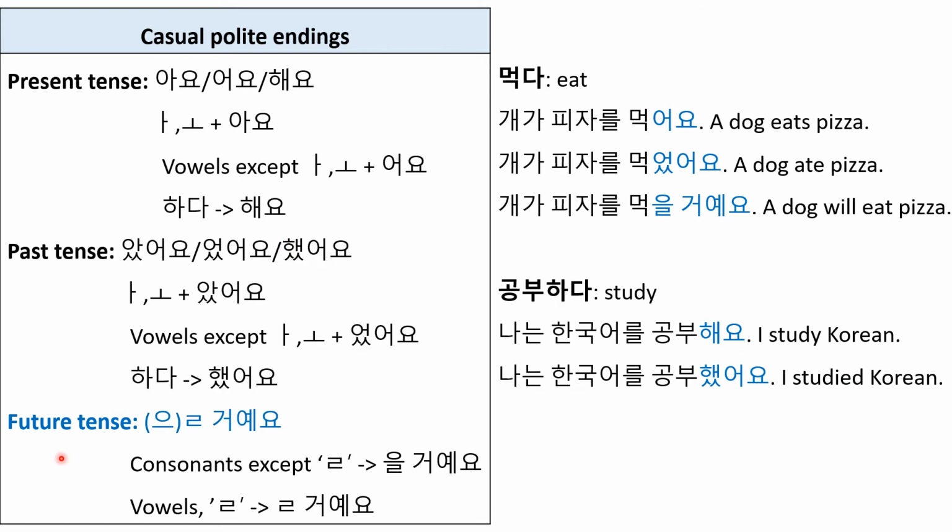What would be the casual polite future tense ending for the 공부하다? If the stem of a verb ends with a consonant other than 리을, the verb ending should be replaced with 을 거예요.